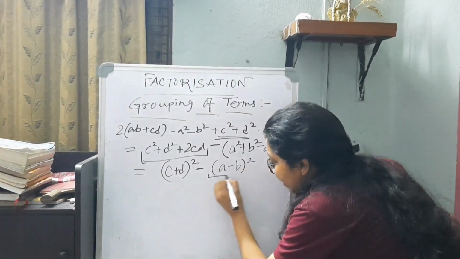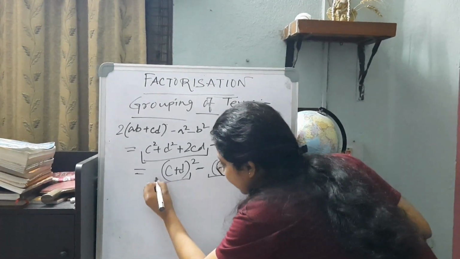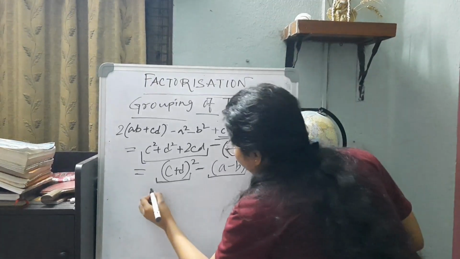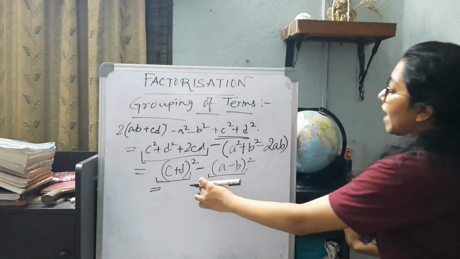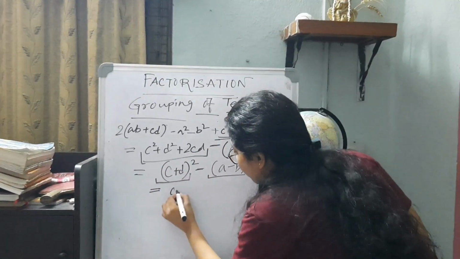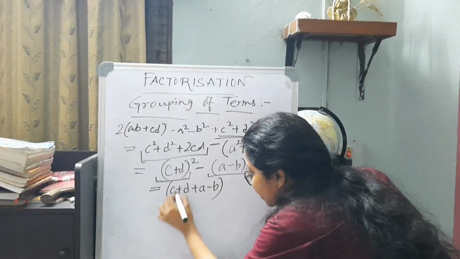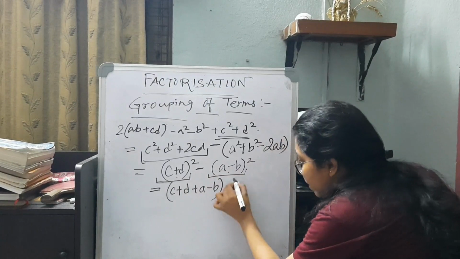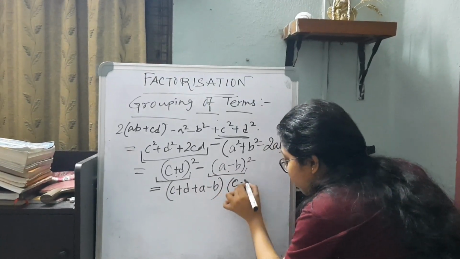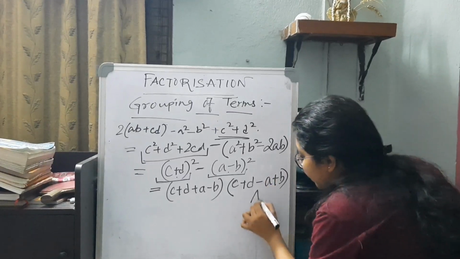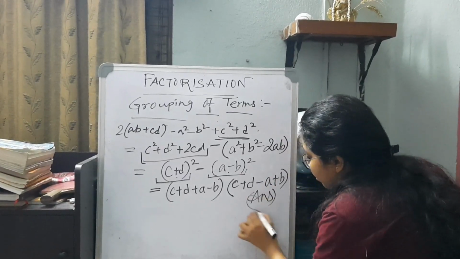If you can identify the form, this is nothing but x square minus y square form, and this will help us in factorizing it all together. So the answer becomes x plus y, considering this as x and this as y, into x minus y. So here comes the answer of the question.